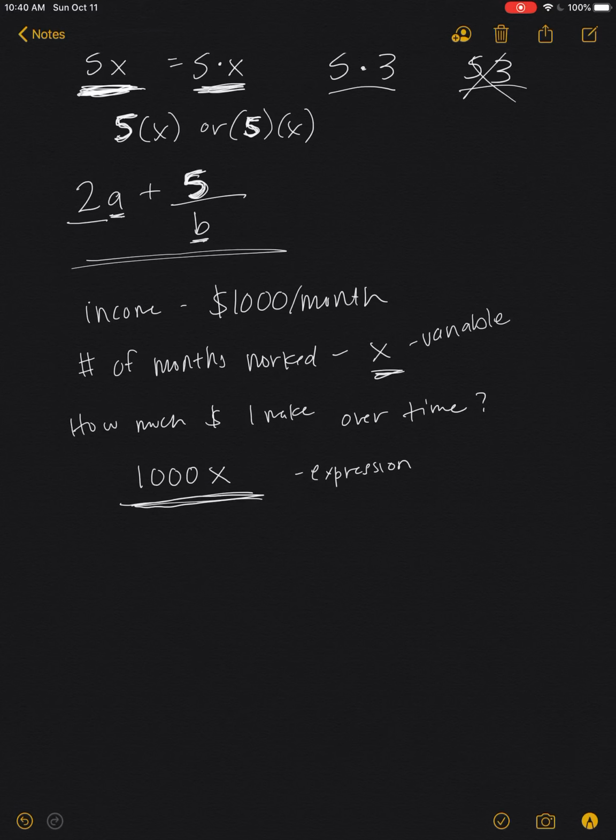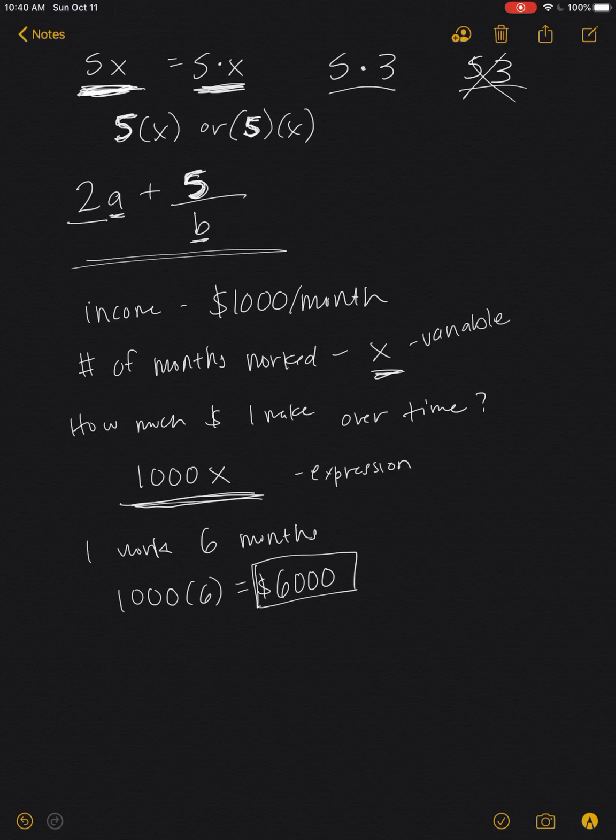So I know this expression, so I can figure out, if I work, let's say I work 6 months, then over 6 months I would make $6,000.